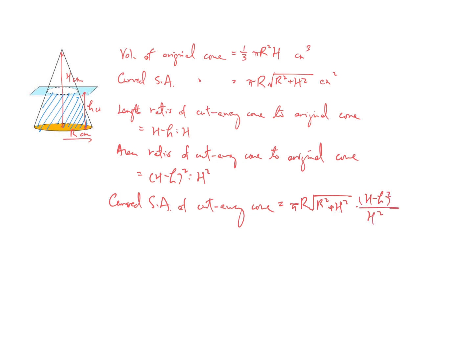And therefore, the curved surface area of the frustum will equal the original curved surface area pi R l minus the answer above, and therefore we can take out the common factor.